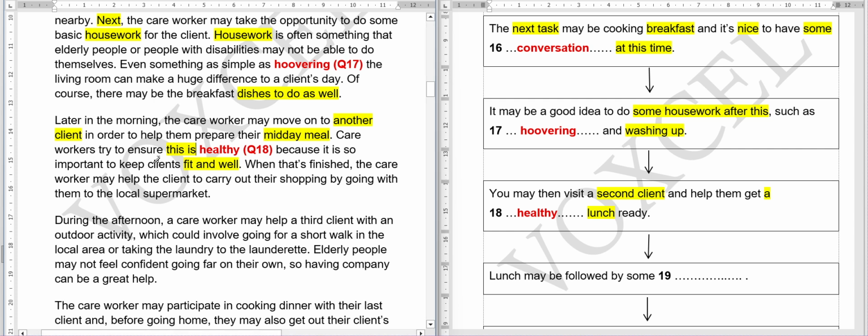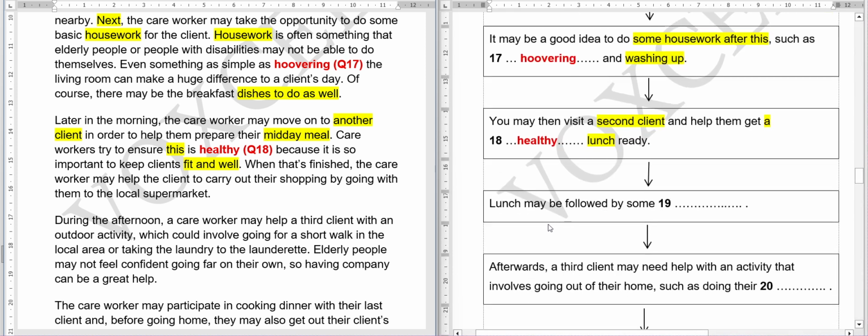So try to ensure lunch is healthy. This basically means they should ensure that lunch is healthy. I hope it is clear.